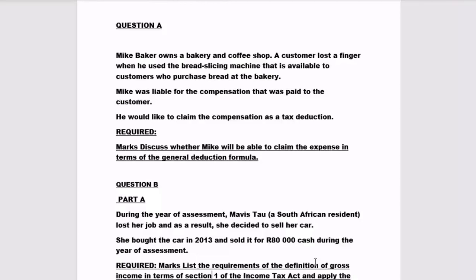The requirement says: discuss whether Mike will be able to claim the expense in terms of the general deductions formula. Anybody quickly? Who's got an idea of the approach? It's important to know how to approach the question when you're faced with it.